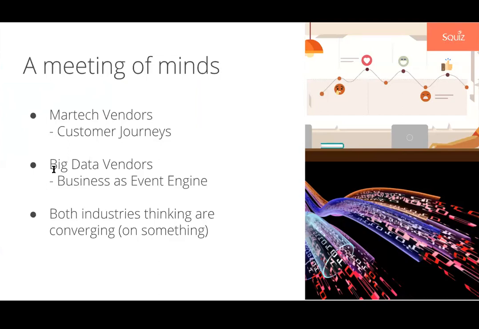But in the past 5 years especially, a lot of different vendors have started saying, okay, let's build technology around these customer journeys and help companies map them. But then over in the big data space, they've got this concept of business as an event engine that seems to be getting to the same underlying idea, but from a very different angle, from more of an engineer's approach. And it's interesting how they're both, without really being involved with each other, coming to the same point, with very similar thinking.